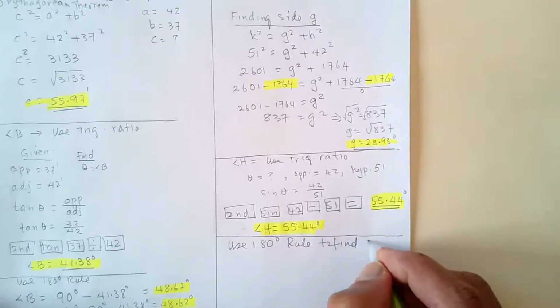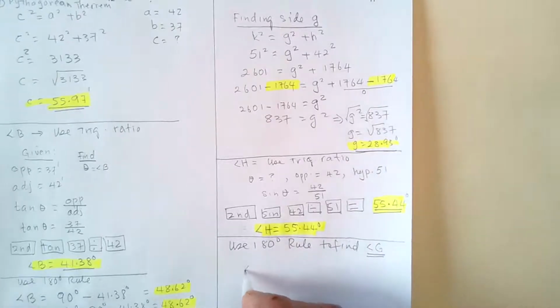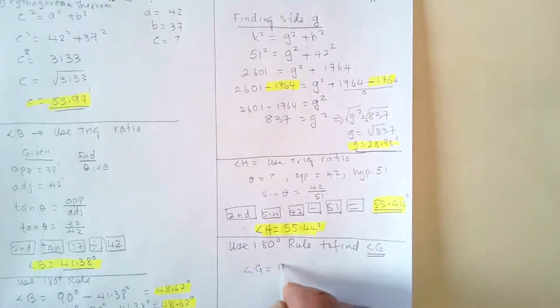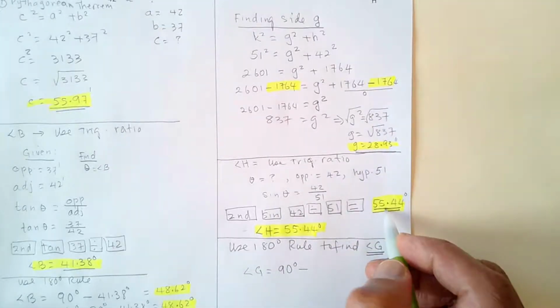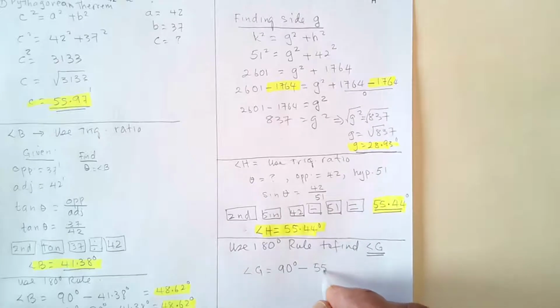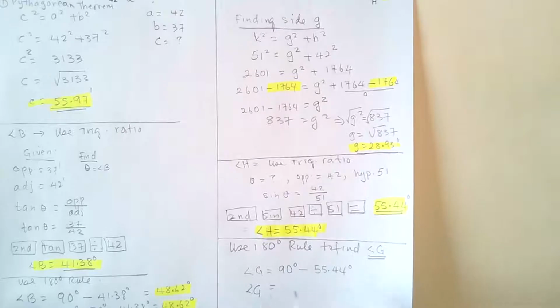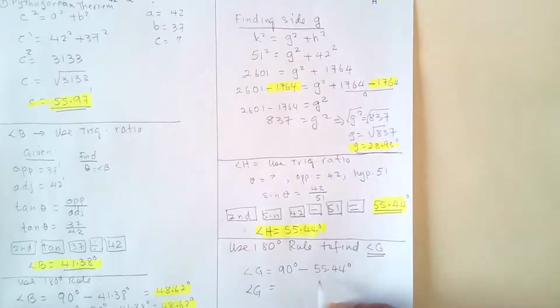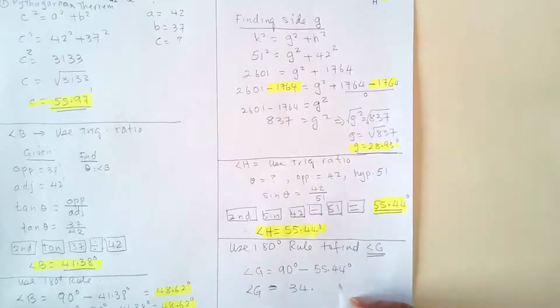So angle G is equal to 90 degrees minus the given angle of 55.44 degrees. We do the wonderful math here, and this gives us 34.56 degrees.